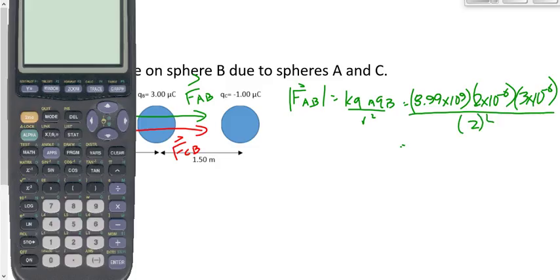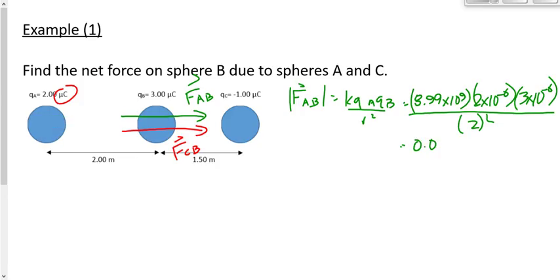Let's figure out what that value is. Let's say 8.99 times 10 to the 9 times 2 times 10 to the negative 6 times 3 times 10 to the negative 6. And now let's divide that by 2 squared. 0.013485.